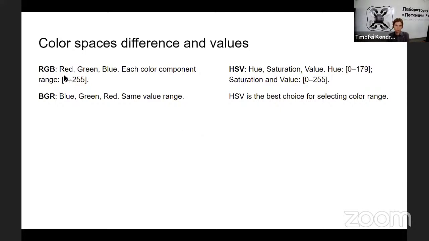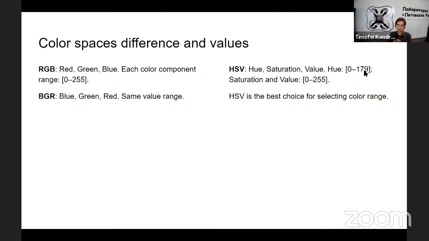As you can see, red, green, blue, each color component has a range from 0 to 255. BGR is the same as RGB, but in different order. And in OpenCV, this is the default color space. And HSV is hue, saturation, value. And in OpenCV, hue goes from 0 to 179.